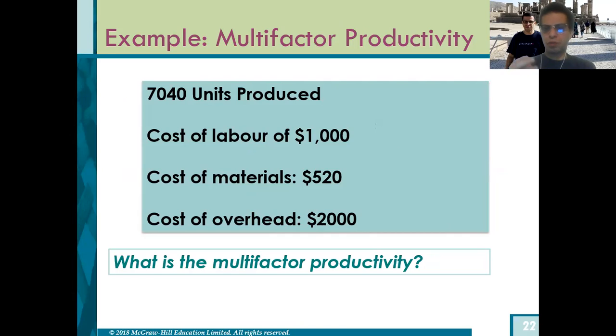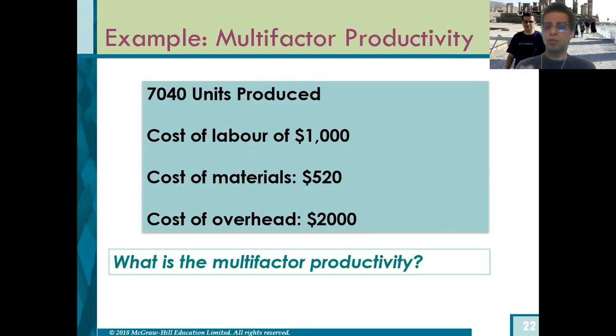Here is an example to make it easier. Utilizing multi-factor productivity, we have produced 7,040 units, and the cost of labor was $1,000. Cost of material we purchased was 520, and cost of overhead 2,000.